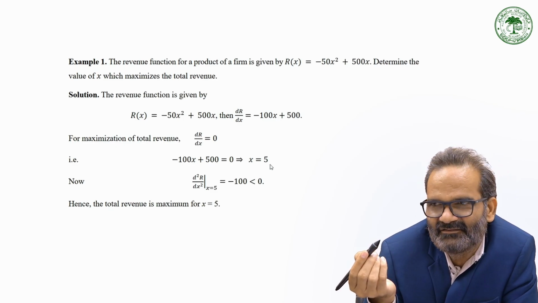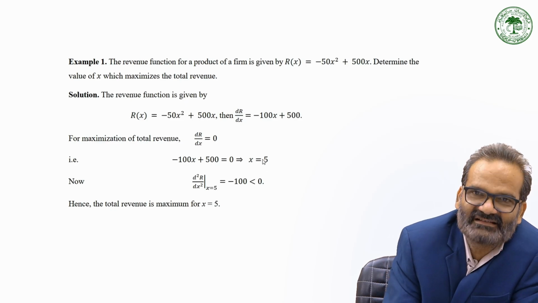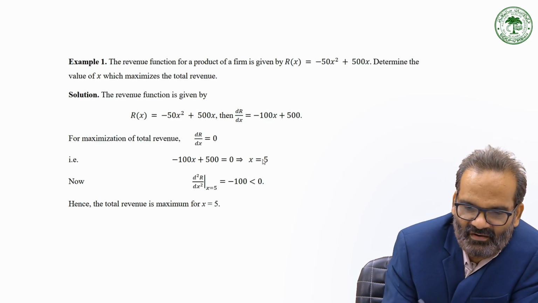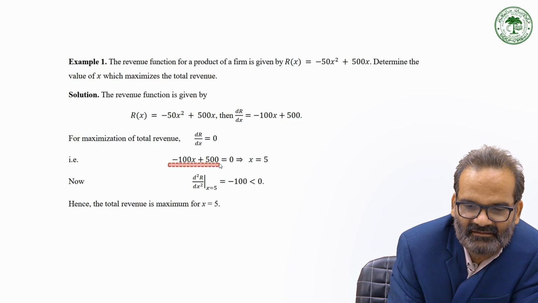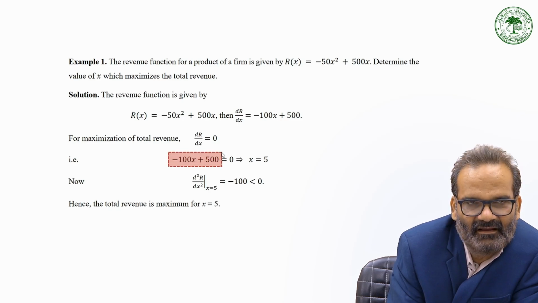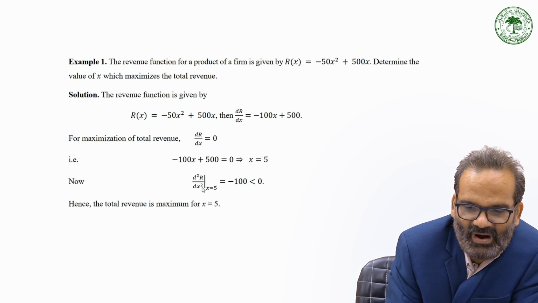We are not concerned with the minima because our function is revenue. Now, to check whether this maximizes our total revenue or not, we will find the second derivative. The second derivative of this will be minus 100, since the derivative of x is 1 and 500 is a constant, so its derivative will be 0. So d2R over dx2 is minus 100.